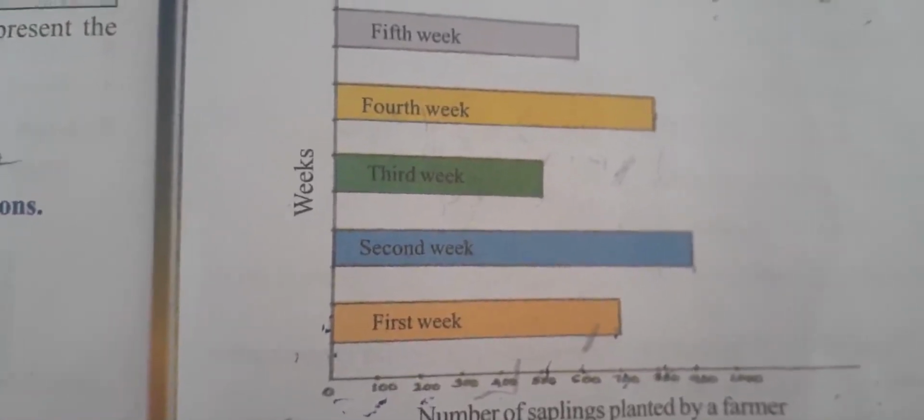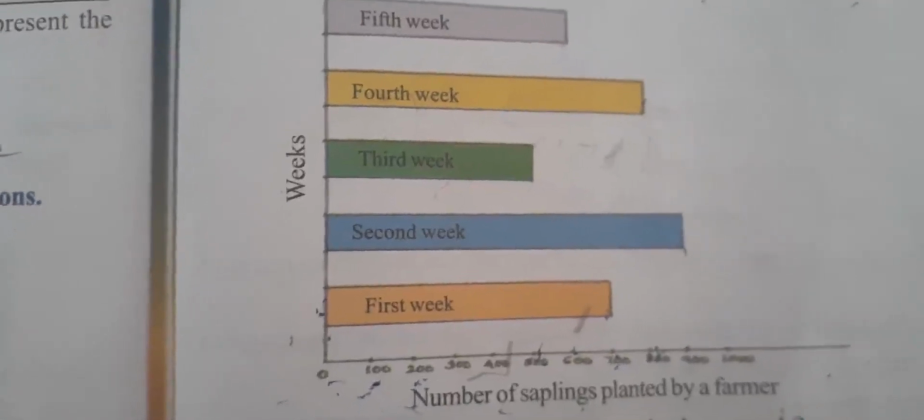Then on the vertical line, they have taken the weeks. Every 2 centimeters they have taken 1 week: first week, second week, third week, fourth week, fifth week. Okay, like this type they have taken the scale. X-axis: 1 centimeter is equal to 100 saplings planted, and y-axis: 2 centimeters is equal to 1 week.